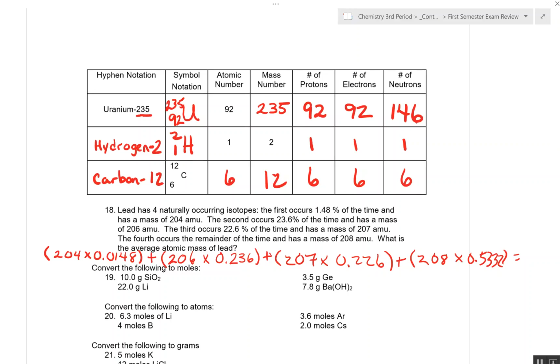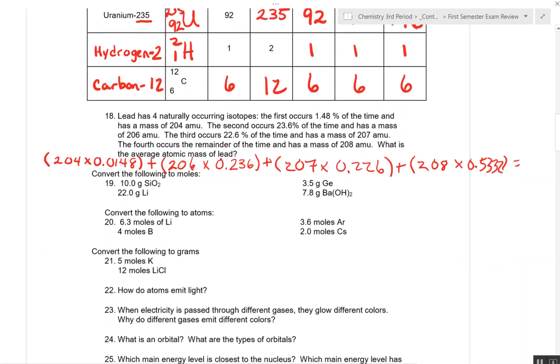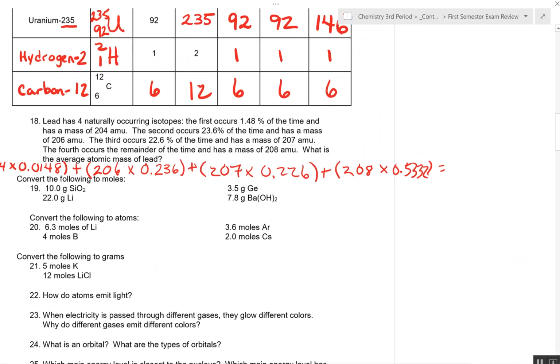All right, let's keep going here. I'm only going to do one each of these examples. It says, convert 10 grams of SiO2 to moles.